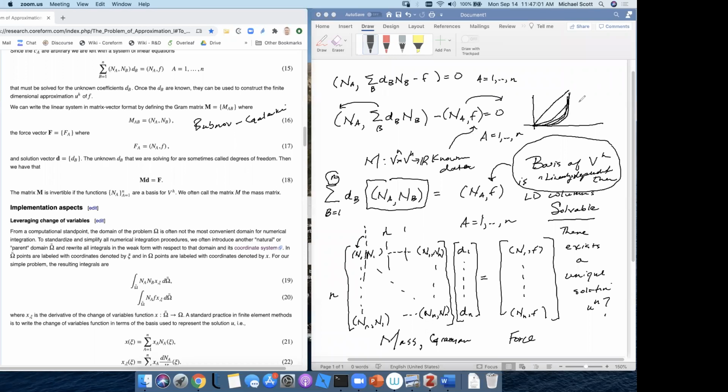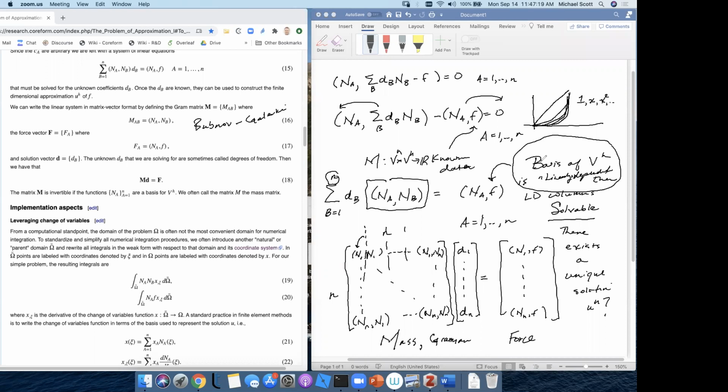Those are the monomials. You see what's happening? As n goes up, the difference between subsequent basis functions becomes less discernibly different.